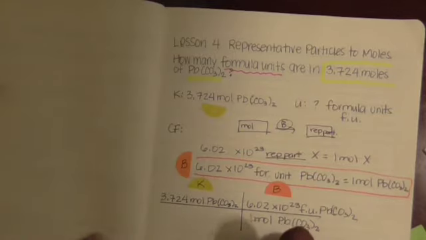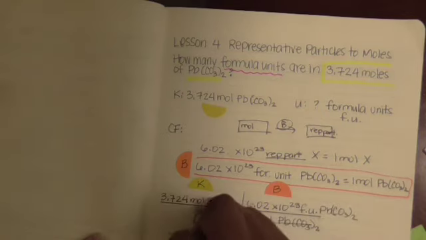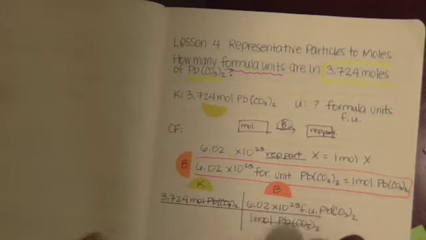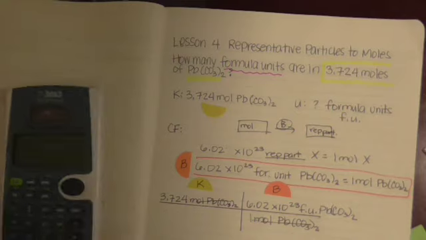Which means we're actually just going to multiply these two numbers together. There are a lot fewer mistakes when we are multiplying than when division comes into play. So 3.72 times 6.02.